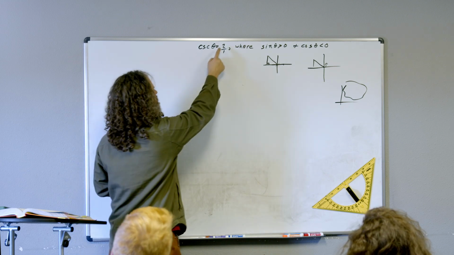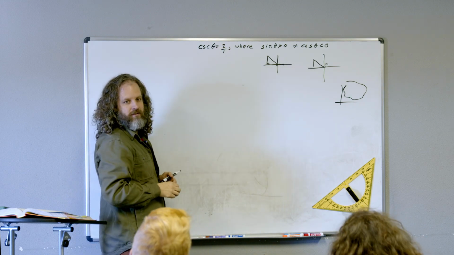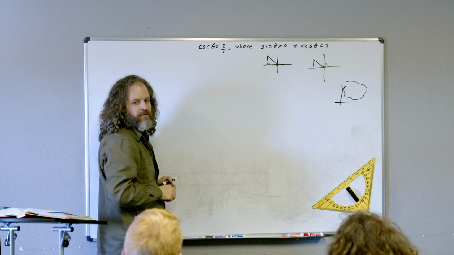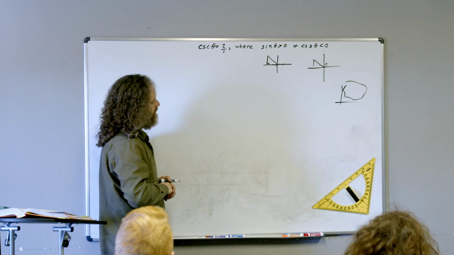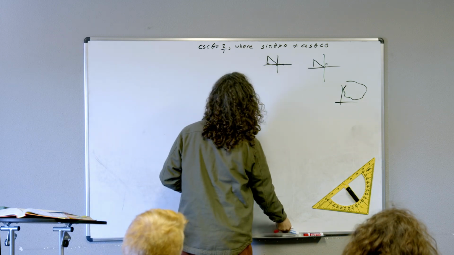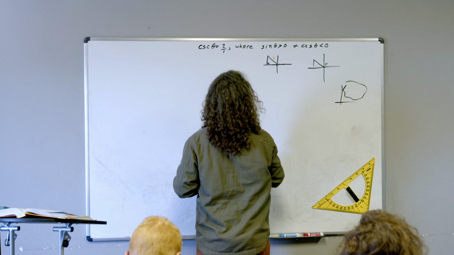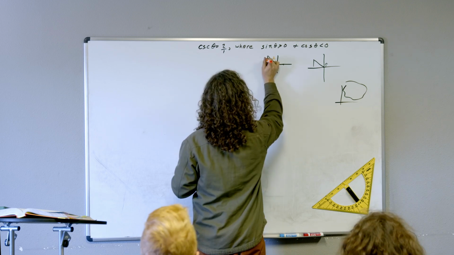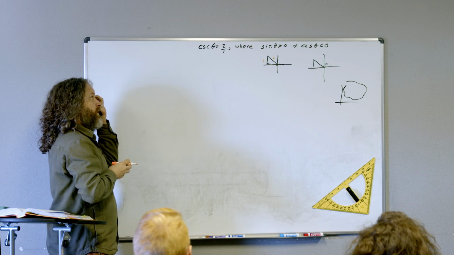So cosecant would be r over y. Yes, because cosecant is the reciprocal of sine. So this is 2, and this is 1. Okay, so the radius of a triangle is the hypotenuse? Yes.